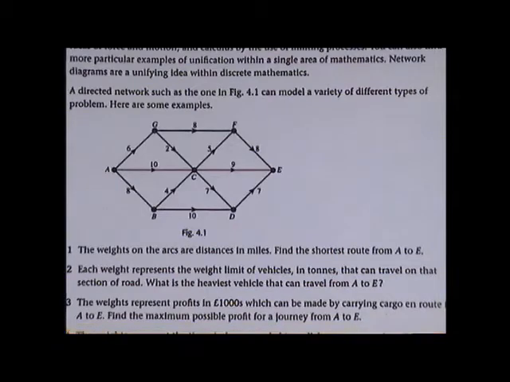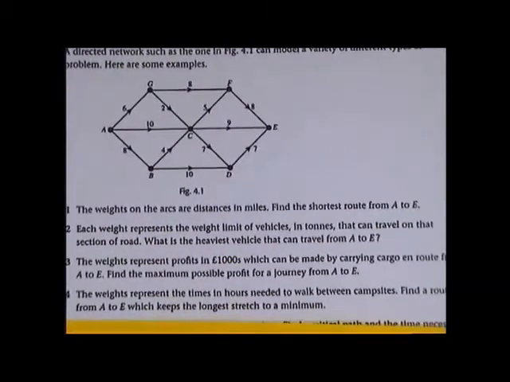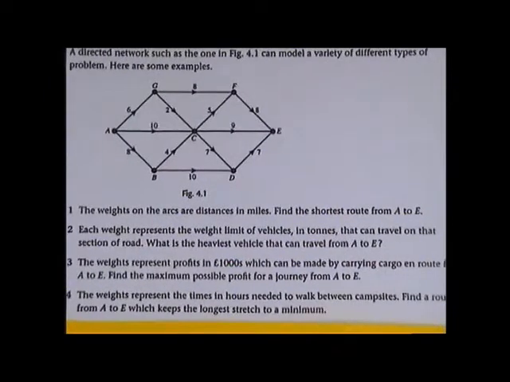Okay. 4. The weights represent the times in hours needed to walk between campsites. Find a route from A to E which keeps the longest stretch to a minimum. You're minimising the maximum. That's a mini-max problem. That is where you're trying to minimise the worst part of your journey, if you're a walker. That's a mini-max problem.